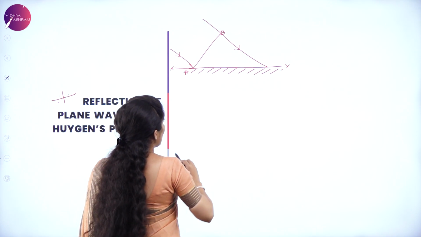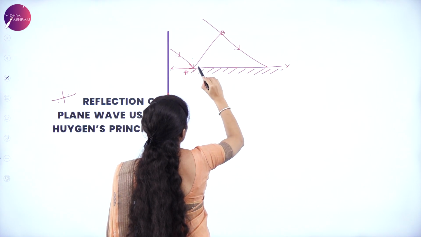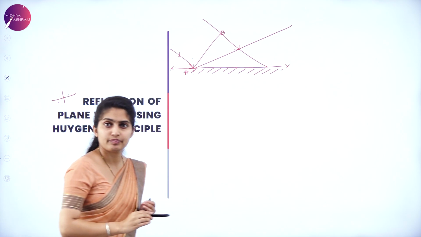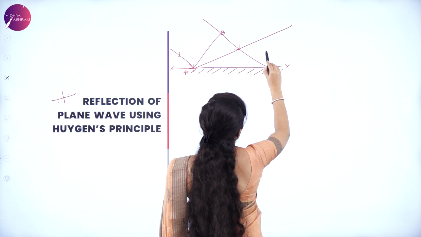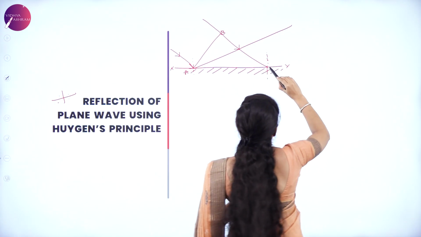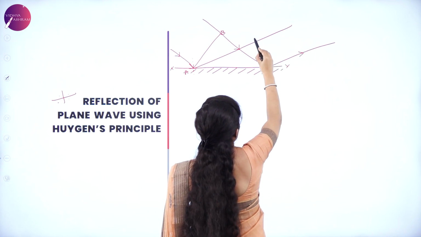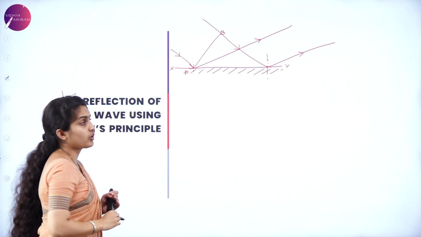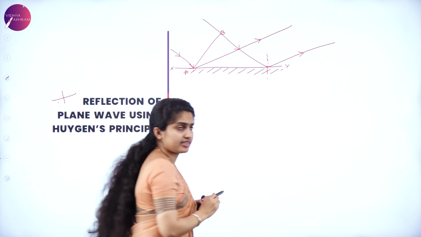Now, when it is incident and you draw the normal, the reflected ray goes out in this manner. Similarly, when you consider a point which is normal to it, the reflected ray jumps out in this manner. So the reflected ray is given by the arrow mark like this. These two are incident, and their reflections are seen like this.